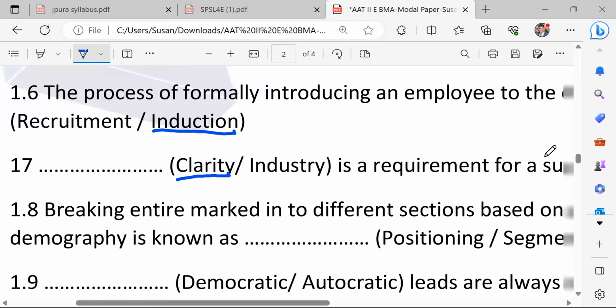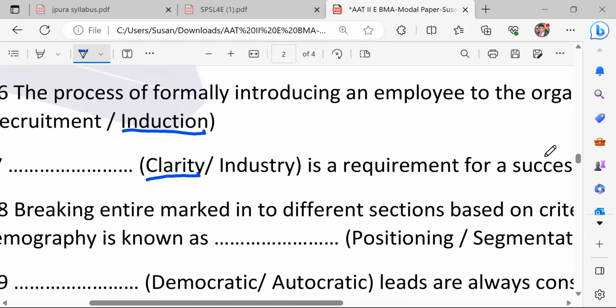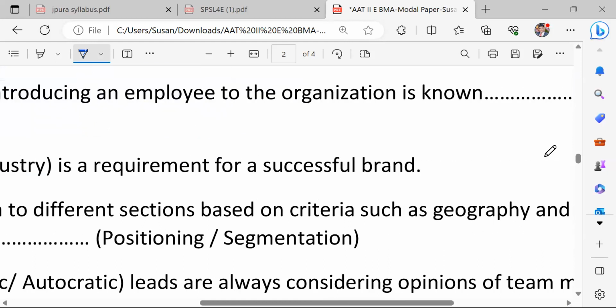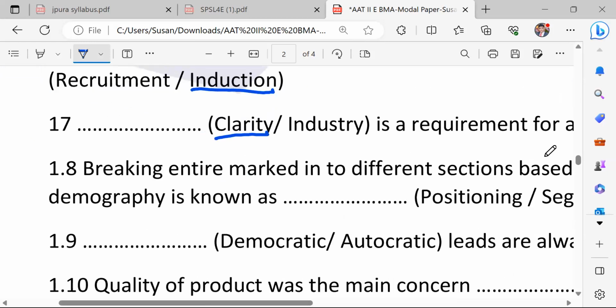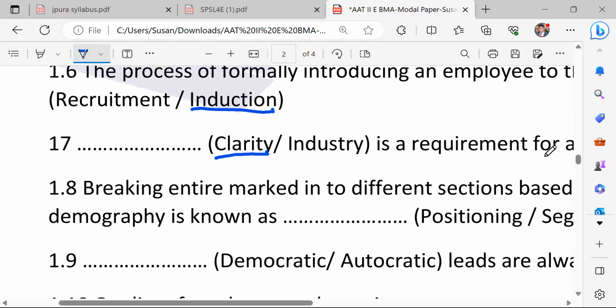Breaking the entire market into different sections based on criteria such as geography and demography is known as what? Now we have understood in marketing something called STP marketing, right? S stands for segmentation, then targeting, and positioning. Breaking the entire market into different sections, that is segmentation.